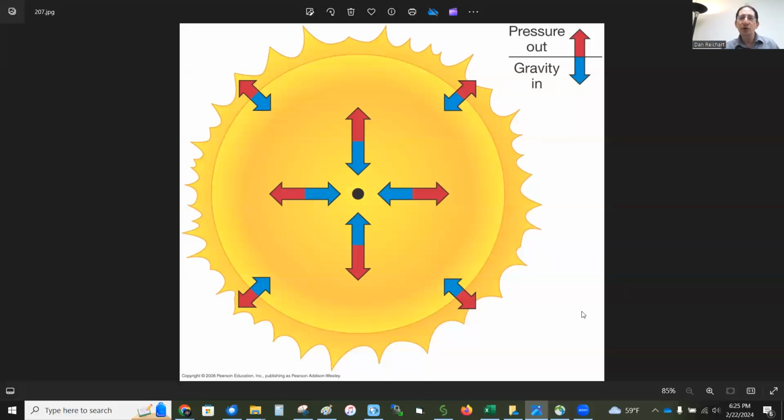So nuclear fusion means we're burning hydrogen and producing helium. That produces energy and pressure that pushes back against gravity, and everything is in balance. As long as that fusion is going on, we can be in a balanced state for a very long time. Take our sun. It's been on the main sequence for 4.5 billion years and has another 5 billion years of stability.